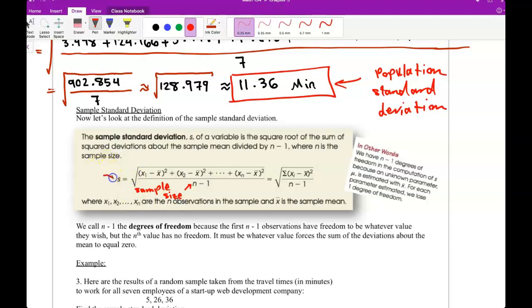Here is sample standard deviation. These x's again are data values.